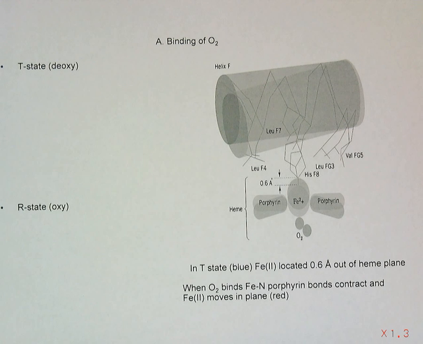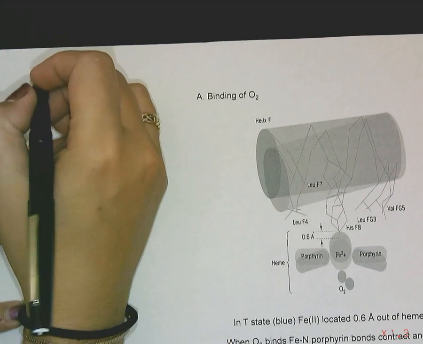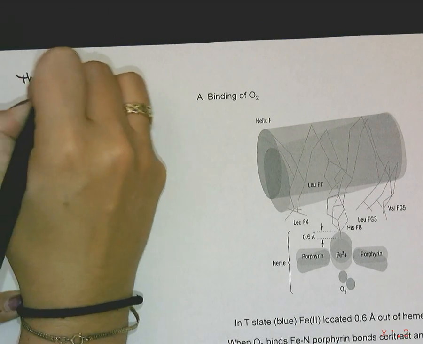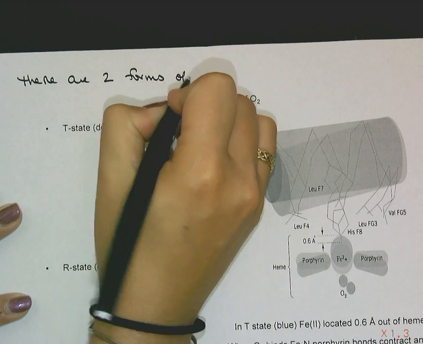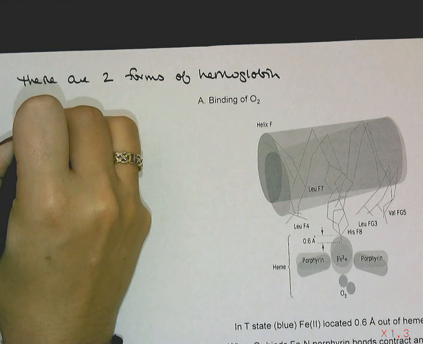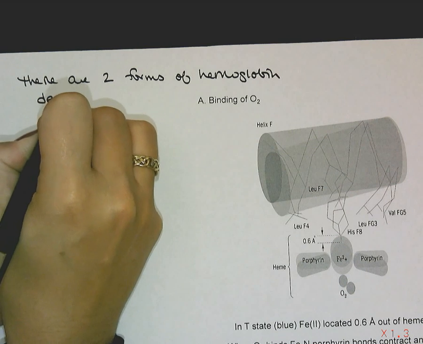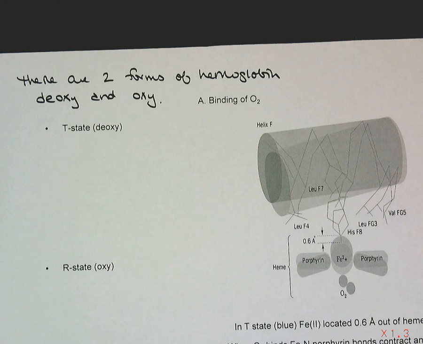So binding of oxygen, the oxygen binds to the hemoglobin group, or the heme group in hemoglobin. As a starting point, just to remind you, there are two forms of hemoglobin, the deoxy and the oxy, where the deoxy has no oxygen bound and the oxy has all the oxygen bound.